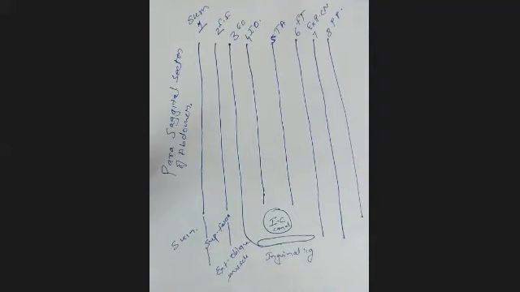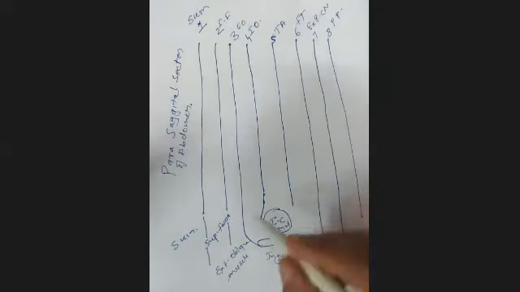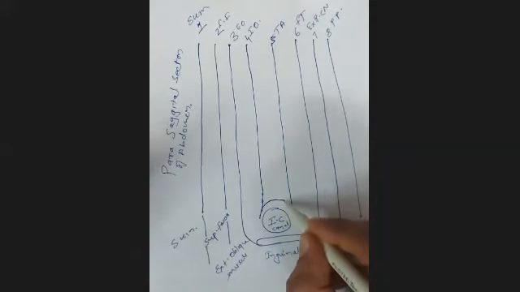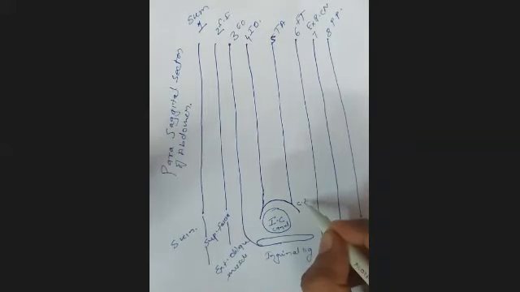Now, along with this, the internal oblique is slightly anterior to the inguinal canal. Also, it unites with the transversus abdominis to form the conjoint tendon.